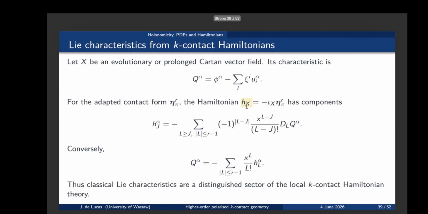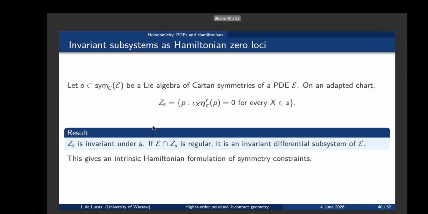Another thing is that, when you have a vector field and this characteristic, when this characteristic and all the differentials of this characteristic vanish, we have an invariant subset. But this invariant subset is just where the Hamiltonian function associated to this vector field vanishes. So several theorems in differential equations, when we look for invariant subsets of a vector field, can be retrieved as the zero points of a Hamiltonian function.